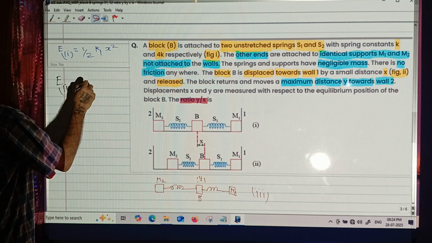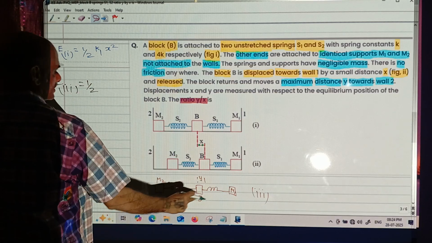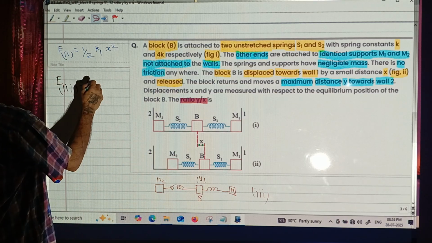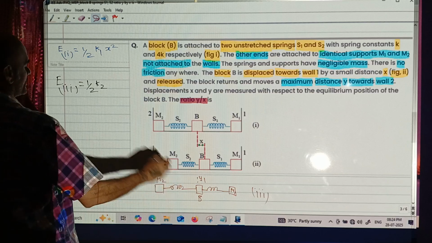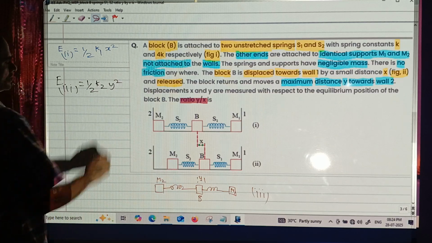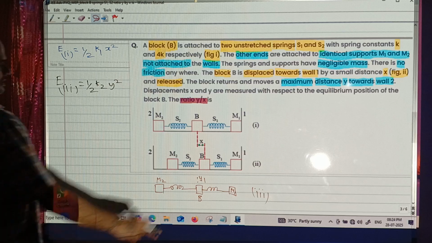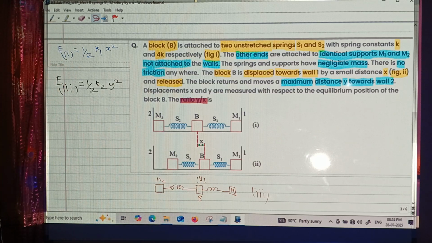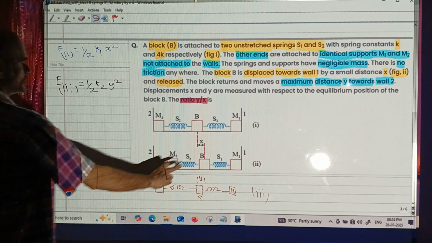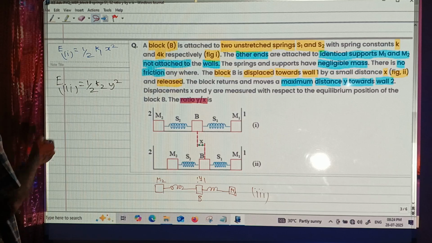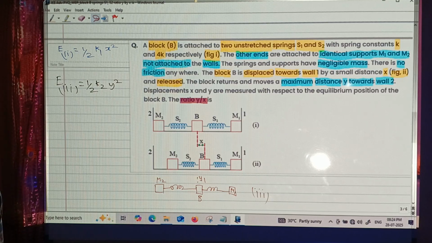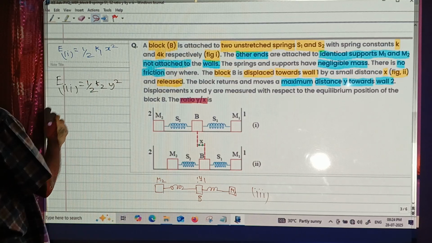So energy stored in this state 3 is the energy stored in the spring, that's half K2 y square. Energy stored in the other spring is 0 because it's in a relaxed state. Energy is conserved between these two states because there is no dissipation, there is no friction. So these two energies should be the same. Equating these two, half will get cancelled.